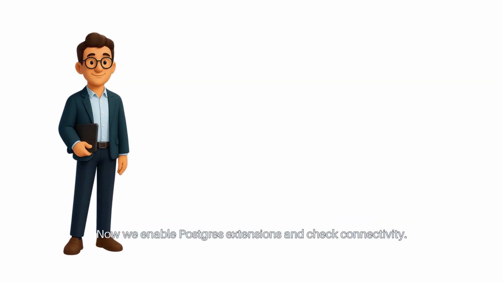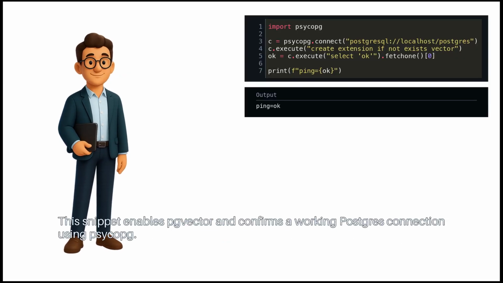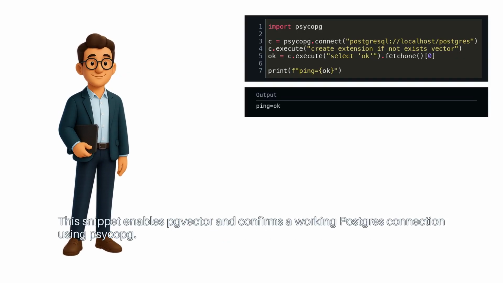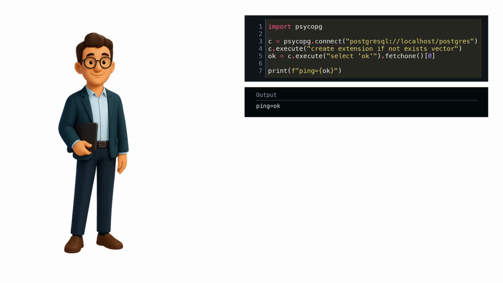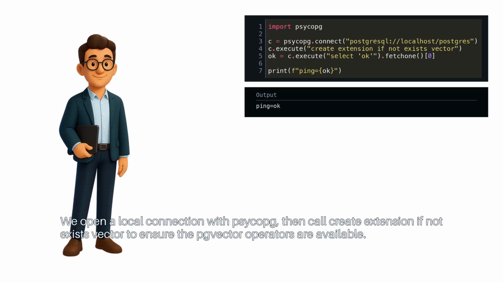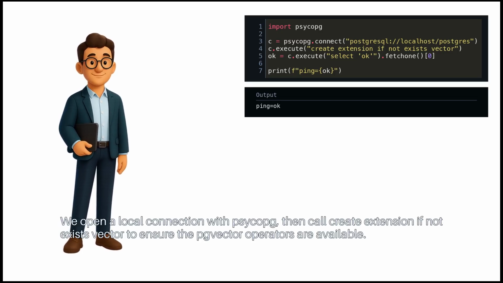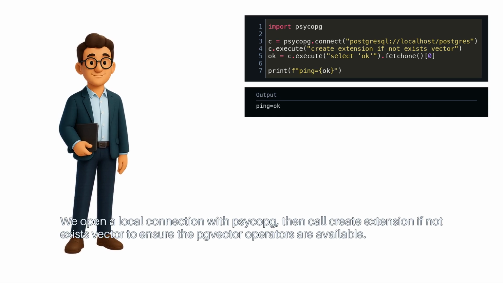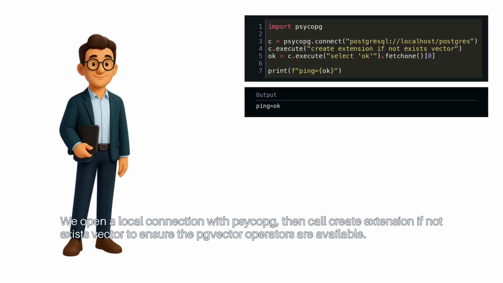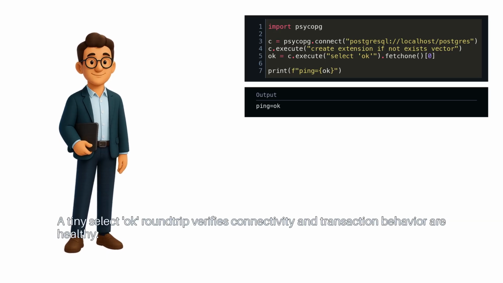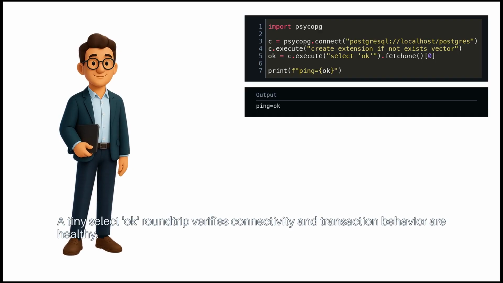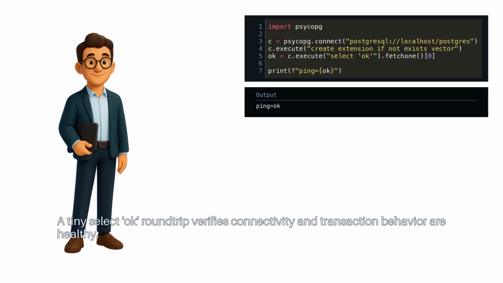Now we enable Postgres extensions and check connectivity. This snippet enables pgvector and confirms a working Postgres connection using psycopg. We open a local connection with psycopg, then call create extension if not exists vector, to ensure the pgvector operators are available. A tiny select OK round trip verifies connectivity and transaction behavior are healthy.